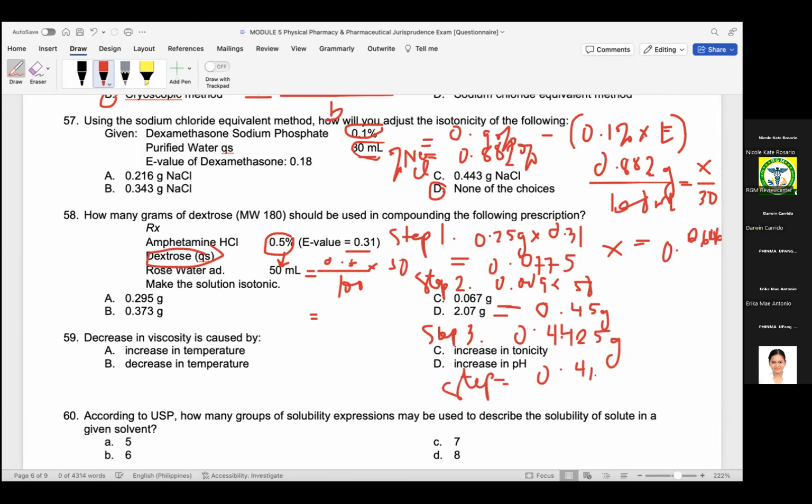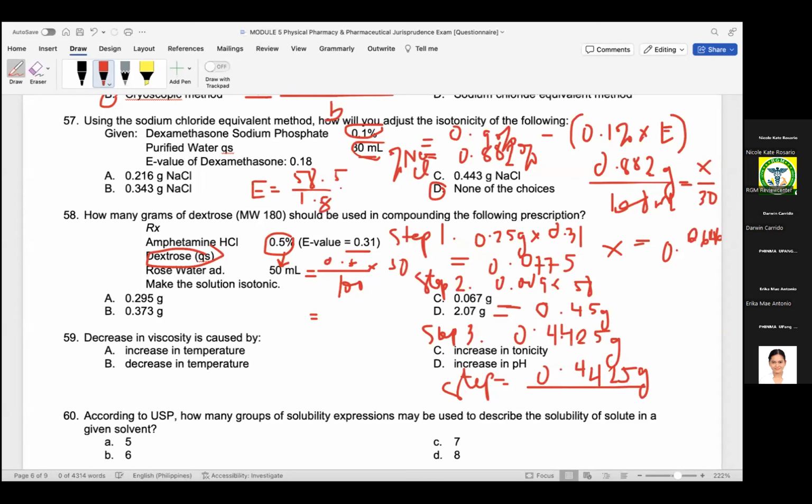0.4425 divided by the E-value of dextrose, which is not given, pero tinuruan kayo kung paano mag-compute ng E-value, di ba? So, paano ulit mag-compute ng E-value? This is equal to the molecular weight of the sodium chloride, 58.5, divided by its dissociation factor, 1.8.